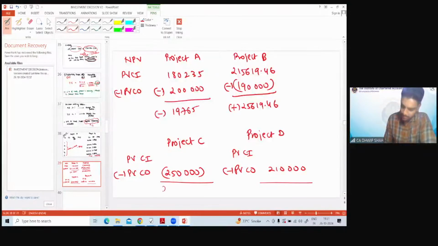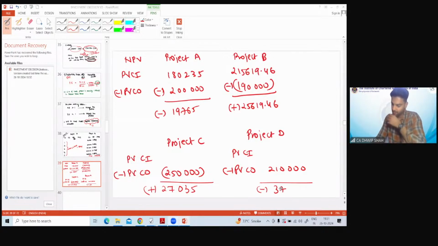It is 27,035 positive. And here it is minus 37, roughly around 3750.